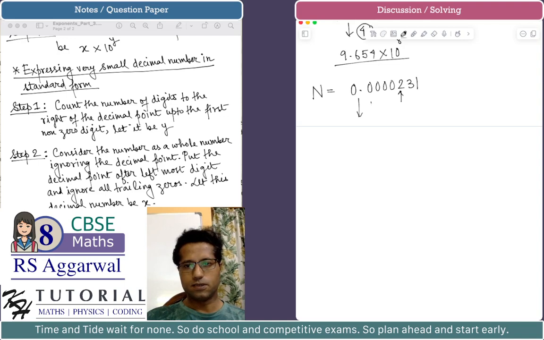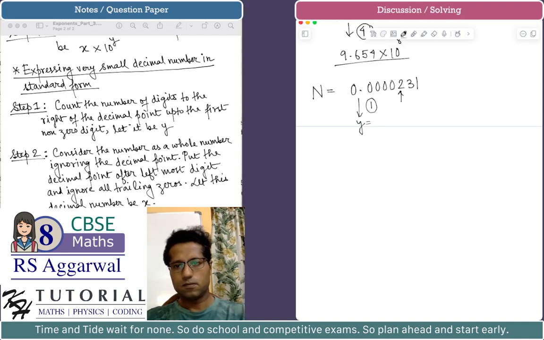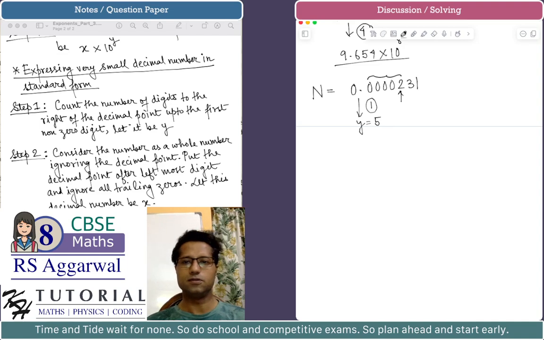So after step 1, I get y equals 5, because these are all the digits to the right of the decimal point up to the first non-zero digit: 4 zeros and 2, so 5. So this was step number 1. Step number 2.